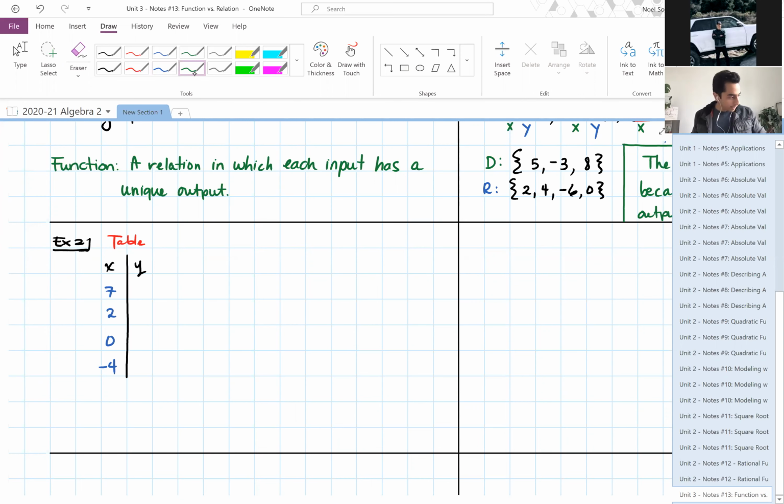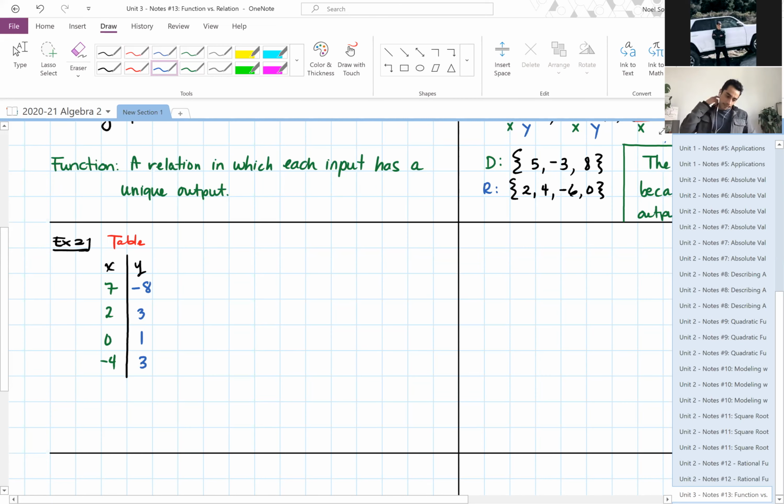And then my Y values this time, oh wait, do I have the colors mixed up? Yeah, I do, sorry. Let me do that one more time. So the domain values, this would be 7, 2, 0, -4. All of these are X values. And then for Y, what we have is -8, 3, 1, and 3. Okay, and I think this is what you're talking about, Nelson.